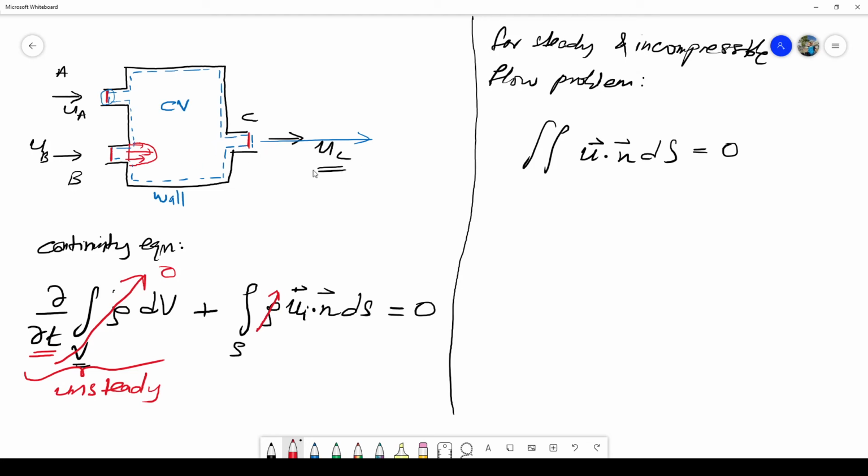So now we have three surfaces, and then the other surface represents the wall of our container. So in total we have 4 surfaces: 2 inlets, 1 outlet, and 1 which represents the wall. So this equation should be integrated over these 4 surfaces.